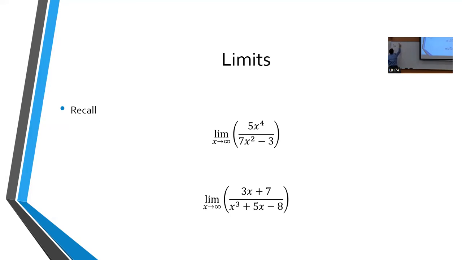So let's take the limit of 5x to the 4th divided by 7x squared minus 3, and we're taking that limit as x goes to infinity. And then on the second one, we have the limit of 3x plus 7 divided by the quantity x to the 3rd plus 5x minus 8 as x goes to infinity.